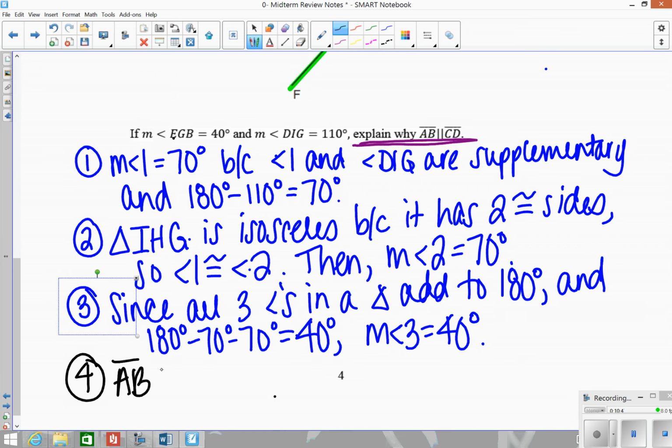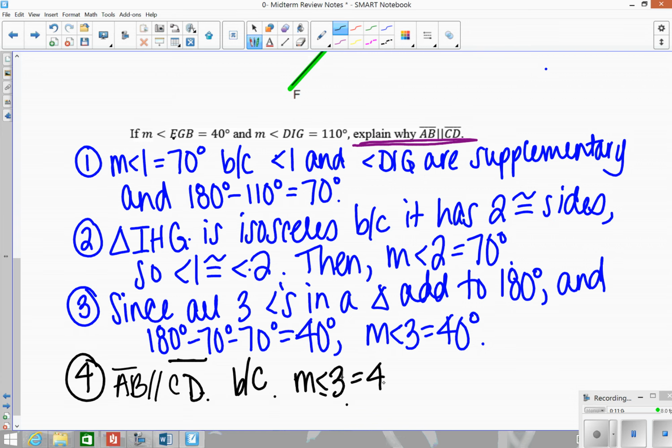So AB is parallel to CD because angle 3 is congruent, or is equal, to 40 and angle EGB is equal to 40.